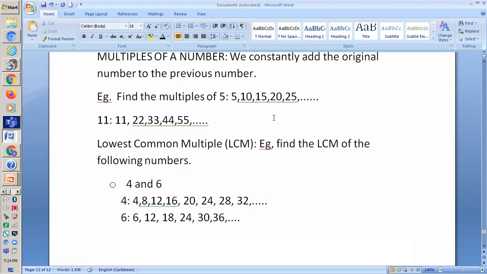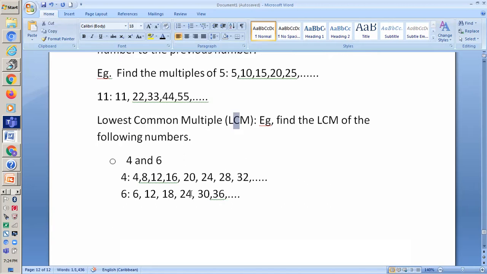All right. So the question says, what is the LCM? The LCM would be the common multiple. We have 24 as a common multiple, not true? Look at 24, it's common.